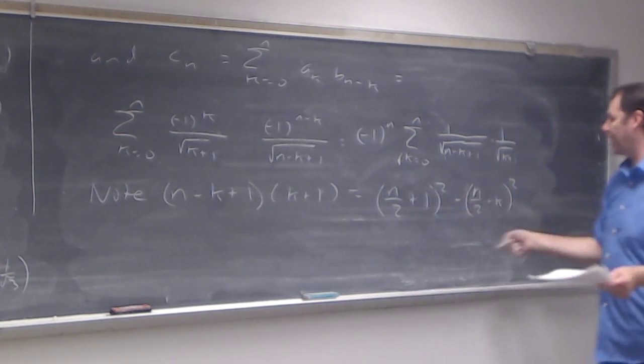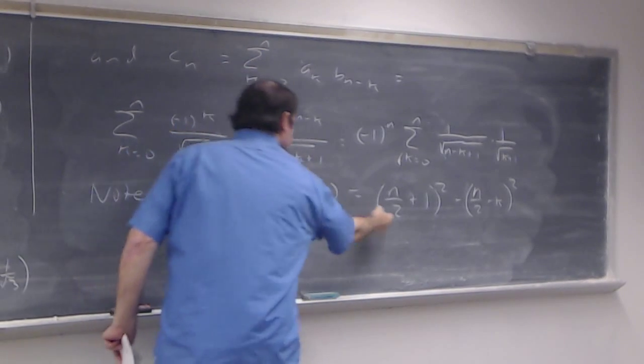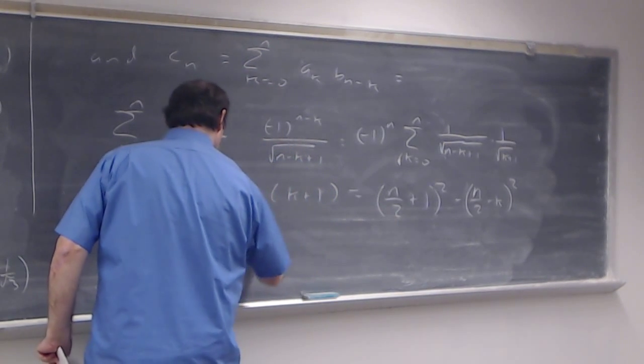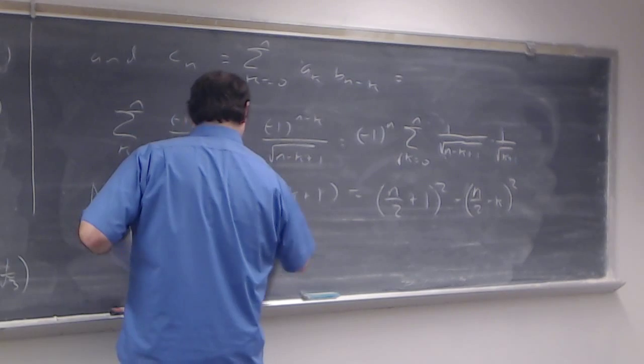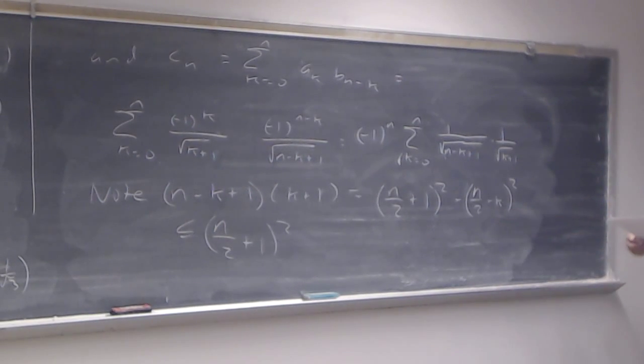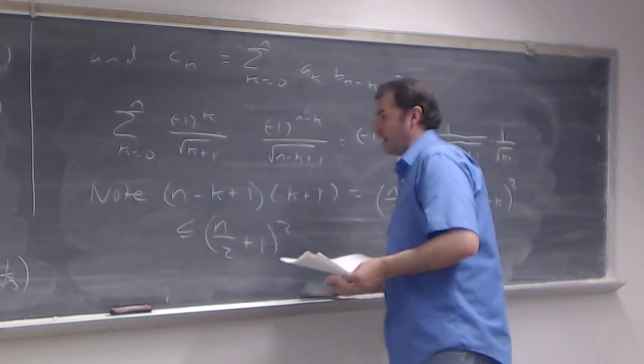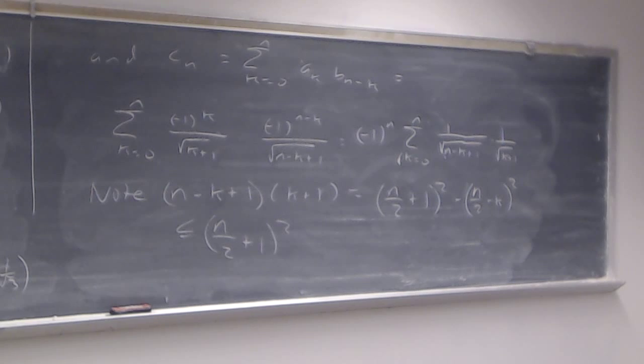Okay, you can multiply these out, you get that they're exactly the same, which is less than or equal to just this guy, because we wouldn't be taking away some positive number from it, a non-negative number. Okay? Then here's what we get based on that algebraic observation.